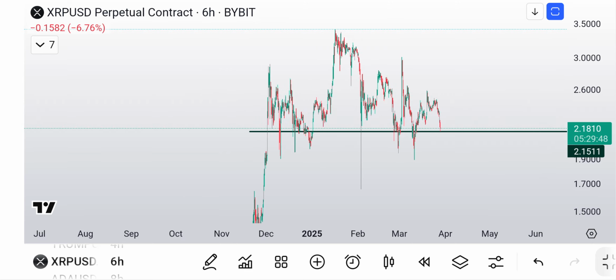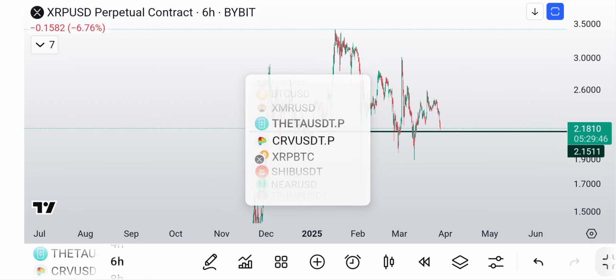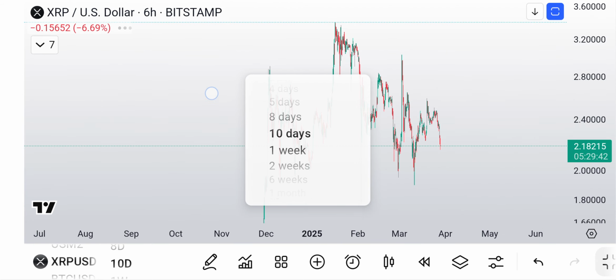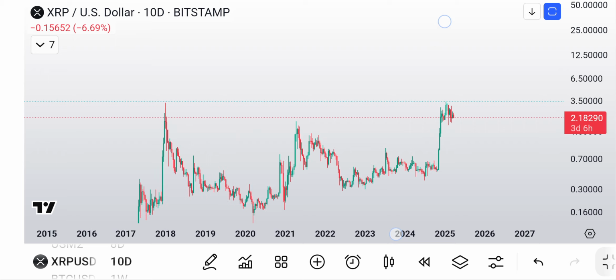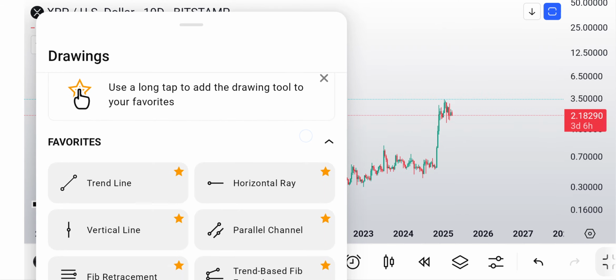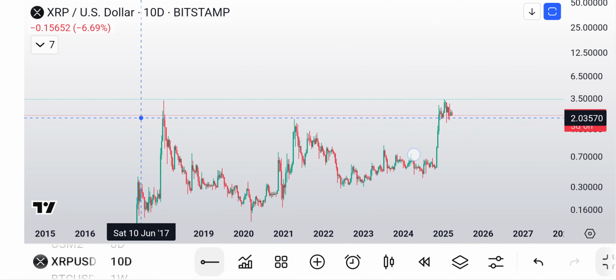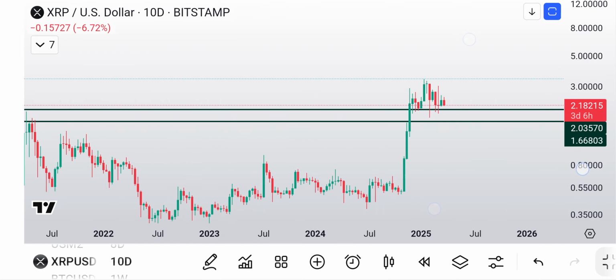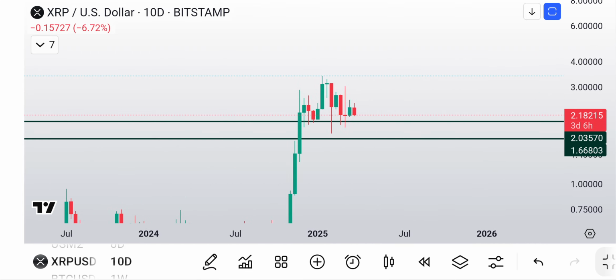And then not only that, but when we look at it from this perspective, which is totally zoomed out, you can see we're continuing to build a base on top of the all-time high.